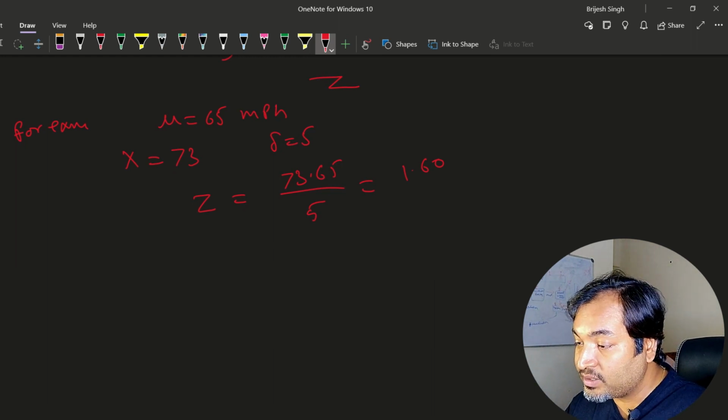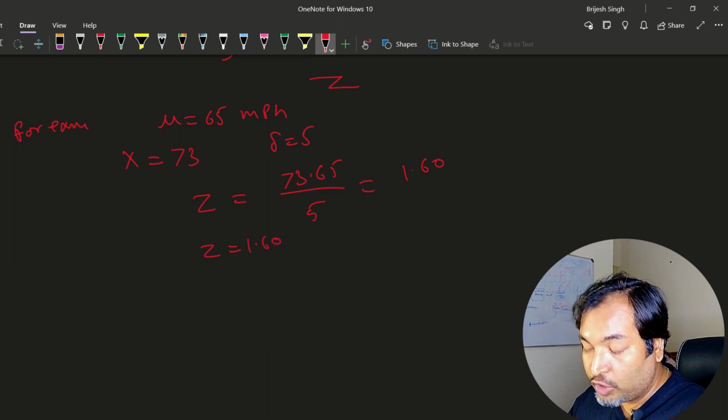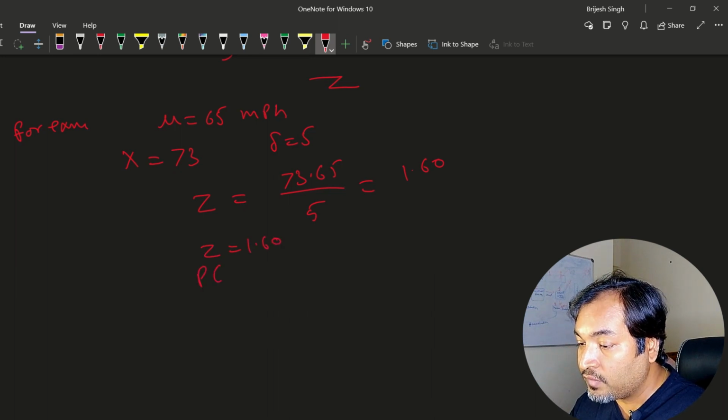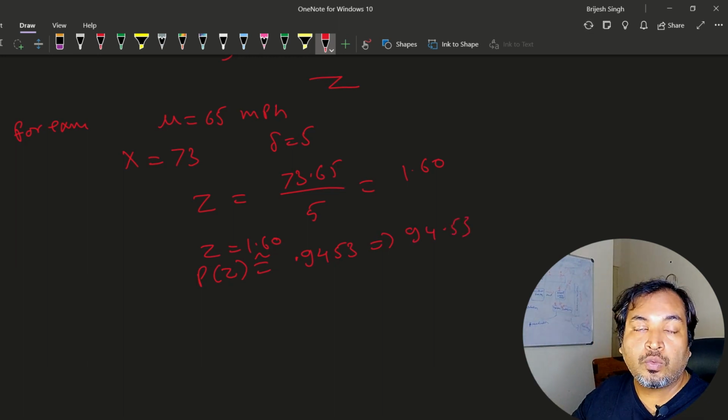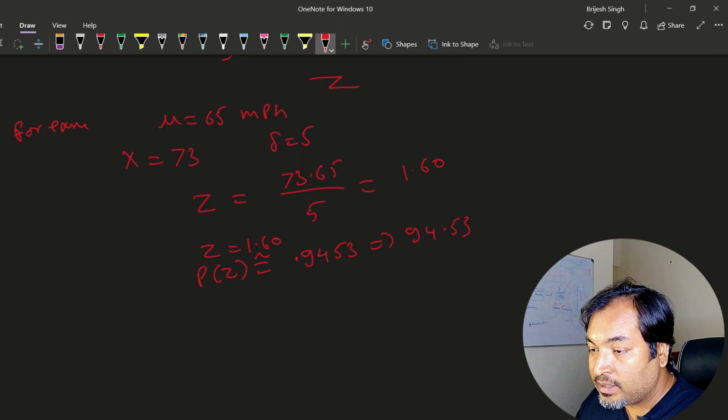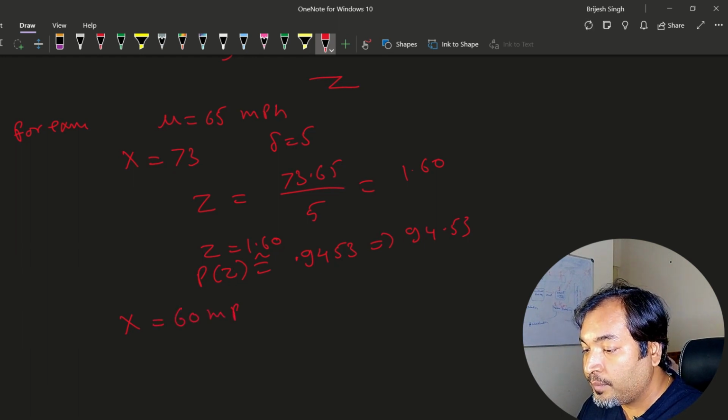So if you calculate this Z score, which is 1.60, the cumulative probability of Z will be somewhere near 94.53. I'll talk about how we can calculate this. And let's say you are driving below 65 miles per hour, right? So you are driving at 60 miles per hour, right?